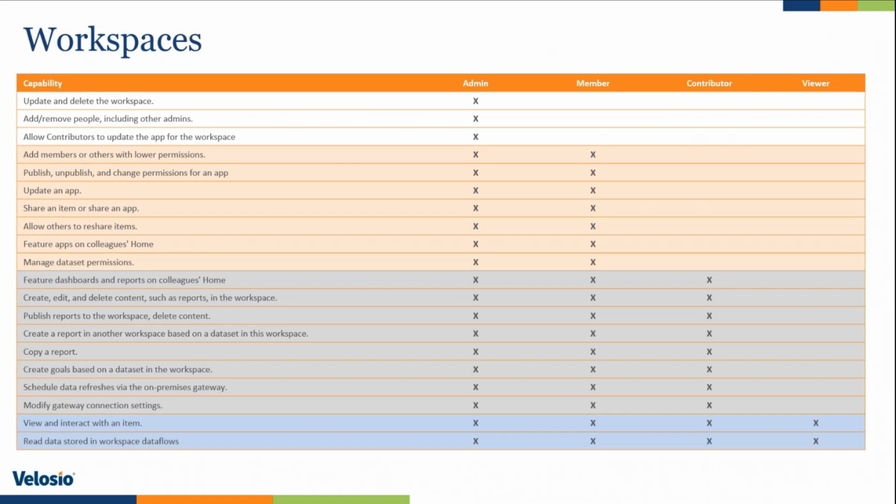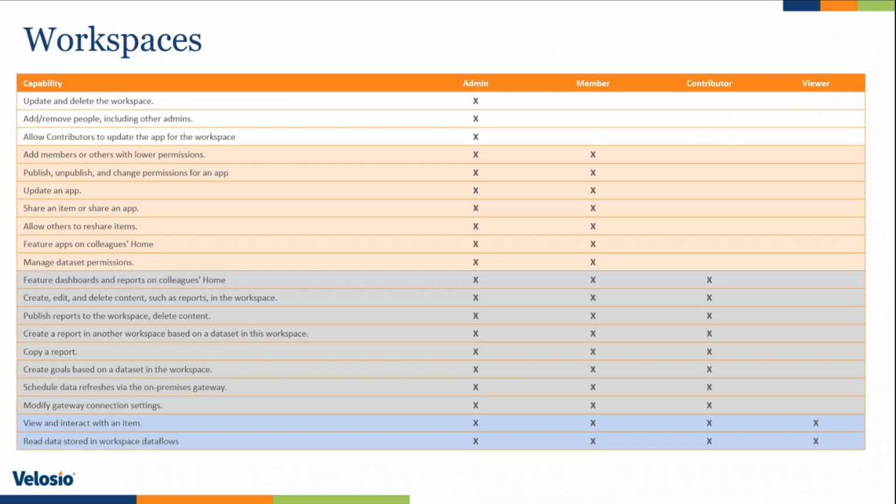Then look at the viewer. The viewer can only interact and view certain items within the workspace, read-only access. And then really the difference is, what is the difference between member and contributor? And the way that I like to distinguish those, notice that on the member side, there are a lot of things that are tied to apps. So publish and unpublish, change permissions for an app, update an app, share an item or share an app, right?